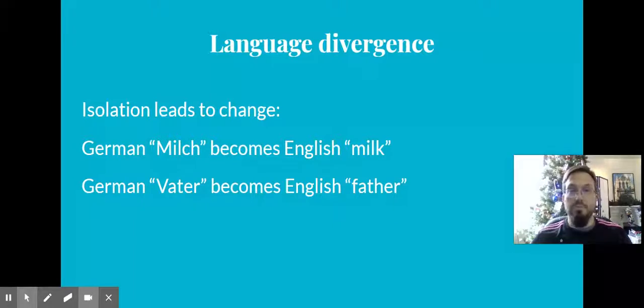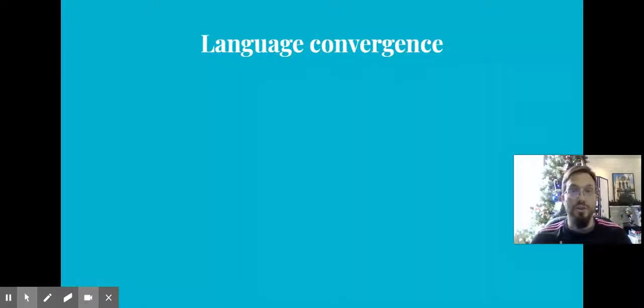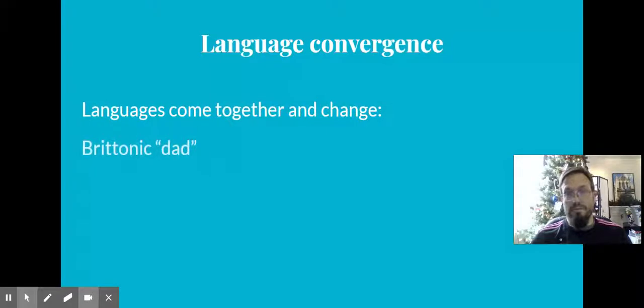Father's a great springboard for us to switch to the next one, which is language convergence. And again, if you know what converge means, then you would understand that language convergence is languages coming together. For instance, the original German that said Vater for father, also now in English, languages come together and change it, but includes the word dad, which by no stretch of the imagination is a shortening of the word father.